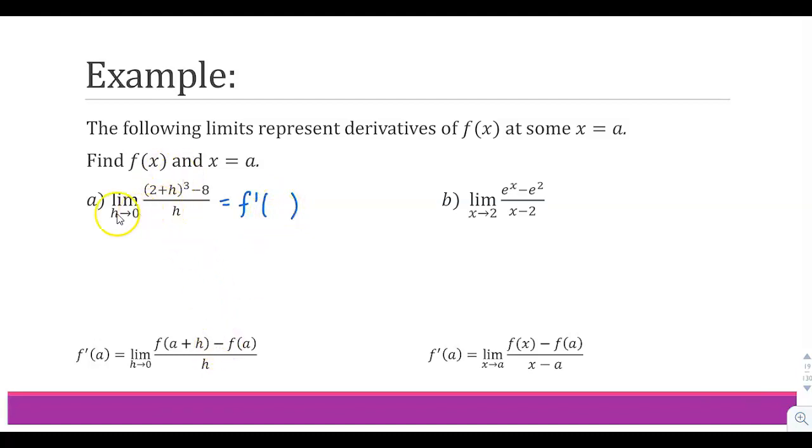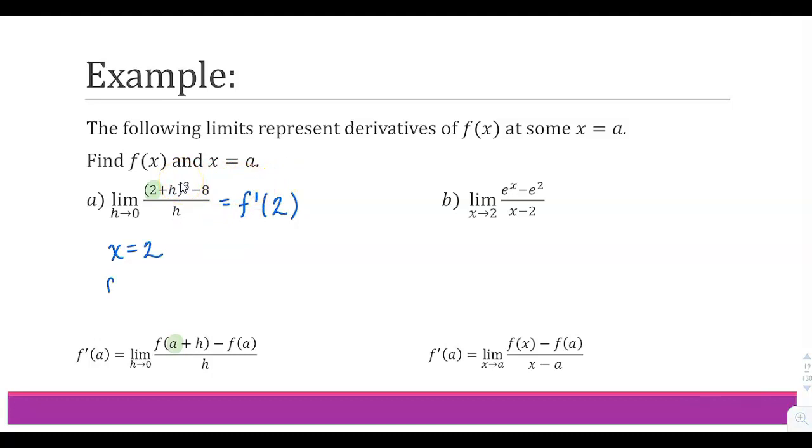So we can see that I have h approaches 0, so I'm using this definition of the limit of a difference quotient. So that value of a is, in this example, going to be 2, right? I can see that a plus h happening, that 2 plus h. So looks like we are finding f prime of 2. So that x value is 2.